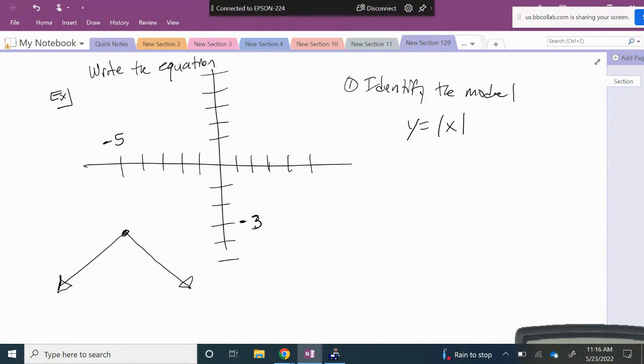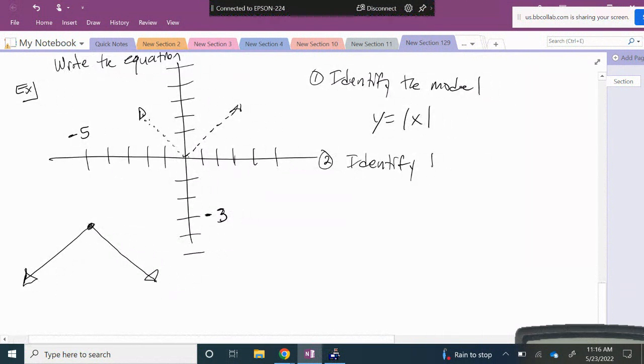Right? So the V-shaped graph, okay, that's where it starts, right? And the V shape is pointed up. Okay, the second thing we're going to do is identify the vertical shift.